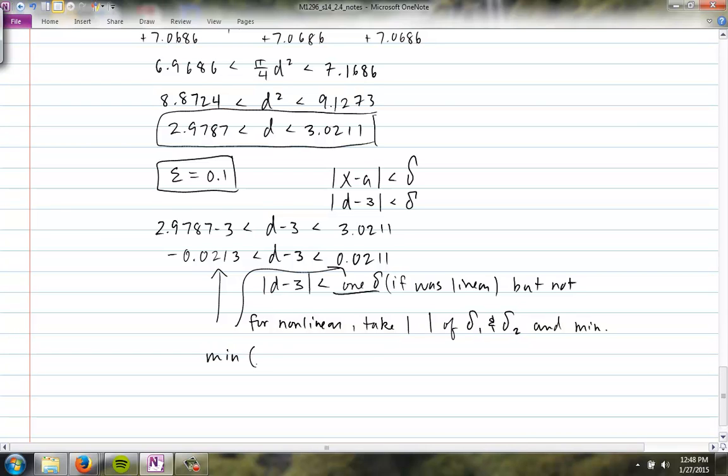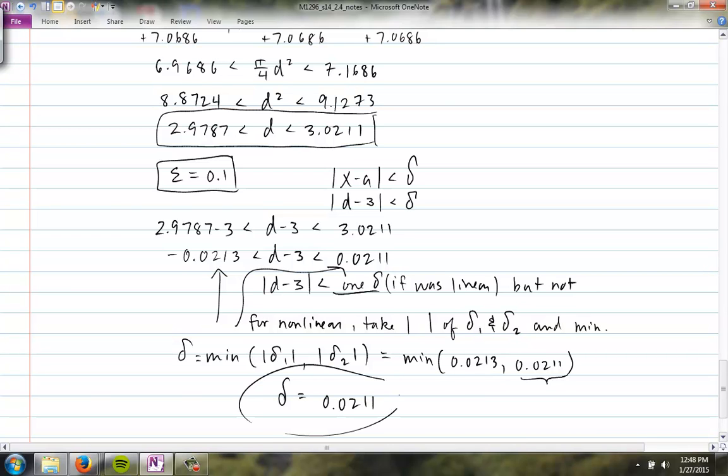In symbols, the minimum of the absolute value of delta 1 and delta 2, which in our case is the minimum of 0.0213 and 0.0211. The smaller of those two is the second, so our delta is equal to 0.0211.